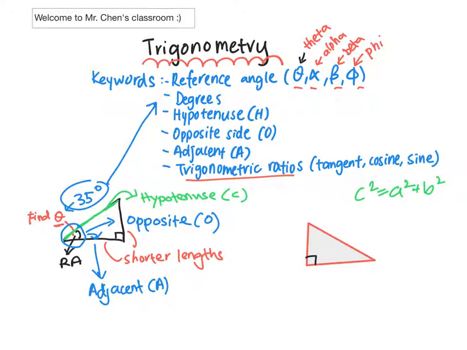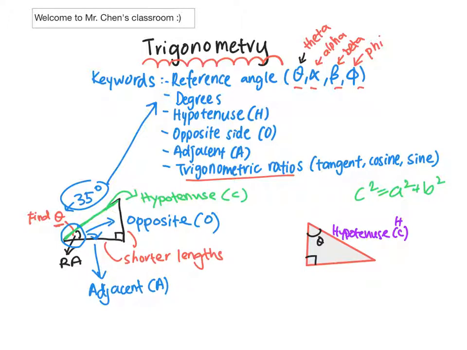Let's say the reference angle is here right now. The theta is right here, which is our reference angle, and from there we can find the hypotenuse, which is that, or H if you like.